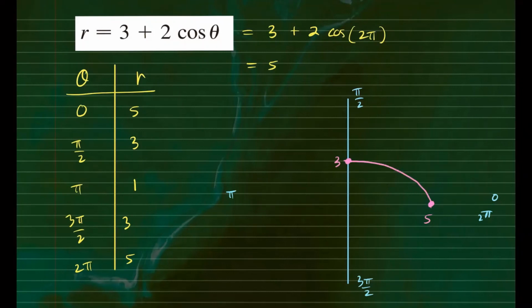So let's suppose this is 1, somewhere right here. For 3 pi over 2, we're at 3. So suppose that's 3. I'm going to try to draw that again, it looks weird. So this was 1. And then for 2 pi, we have 5, so we're back to 5. All right, so something like this. That's the shape of this. This is an oval-shaped graph. Sometimes it's called a limacon as well.